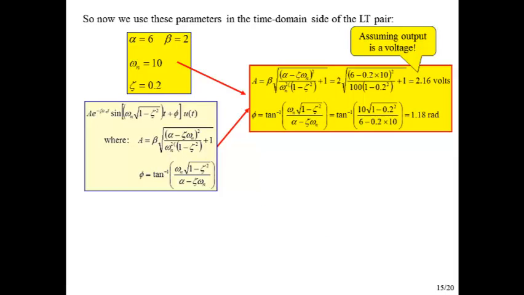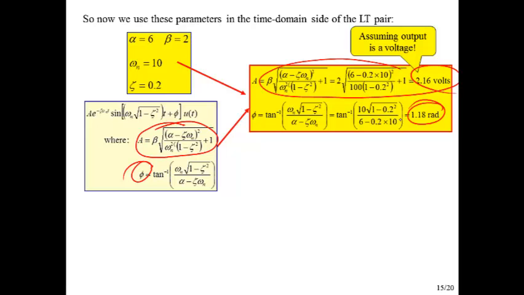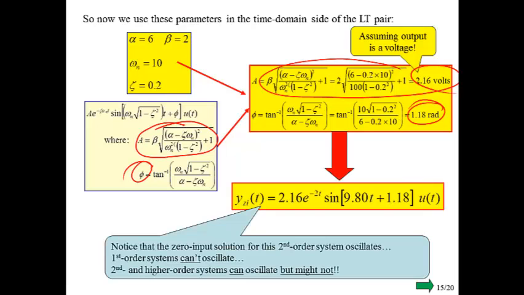The formula on the table tells us how to compute the A value. So A comes out to be 2.16, and it tells us how to compute this phi, which comes out to be 1.18 radians. And finally, our solution looks like this. So here's the big picture.